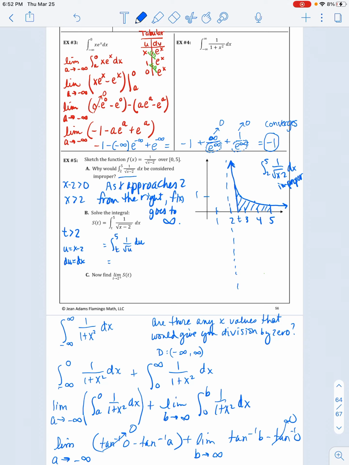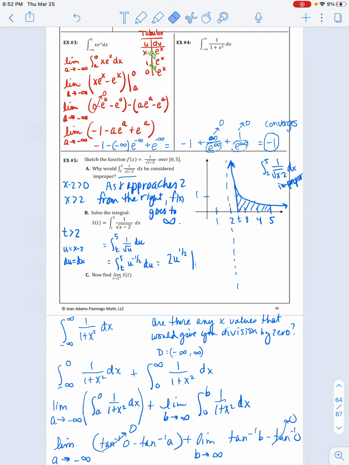So I just substituted my dx with du. And so this is the same thing as the integral from t to 5 of u to the negative 1/2 du. So that's going to be u to the negative 1/2 plus 2/2. So that's u to the positive 1/2. And then divide by that, you get 2 u to the 1/2 from t to 5.